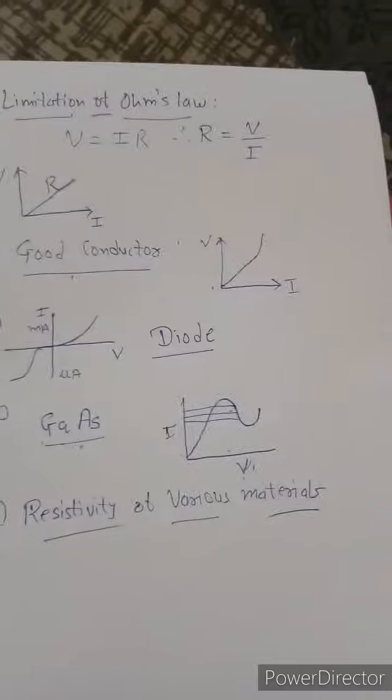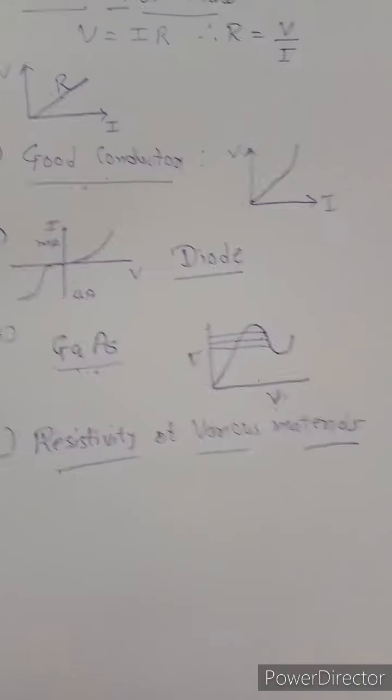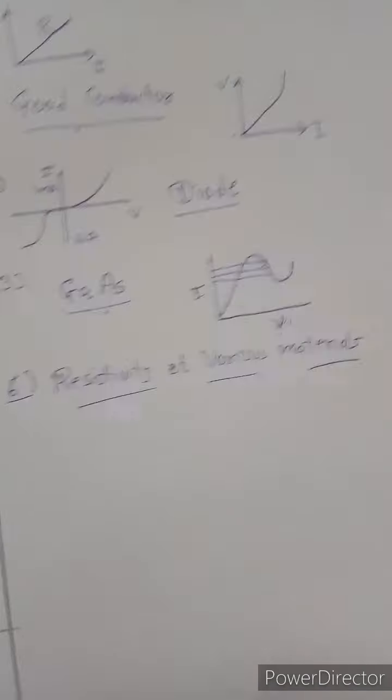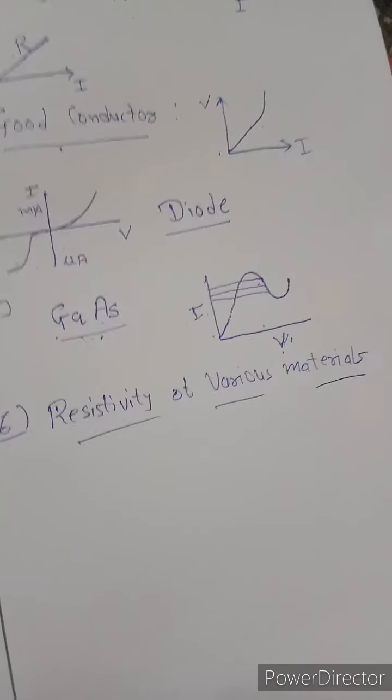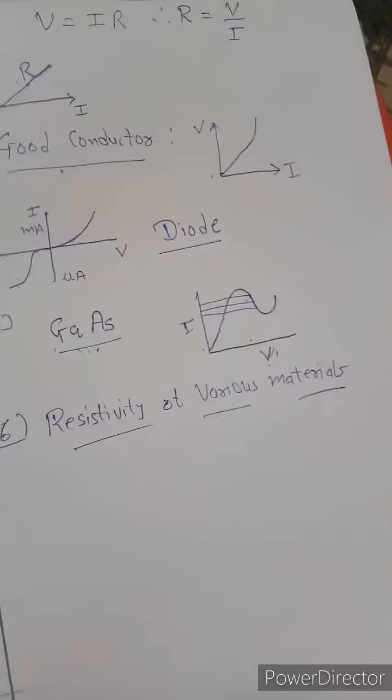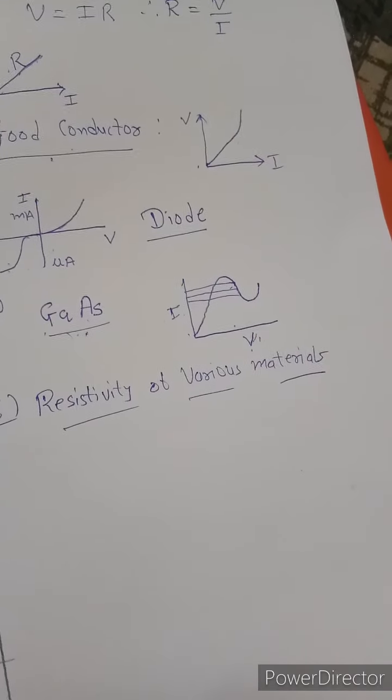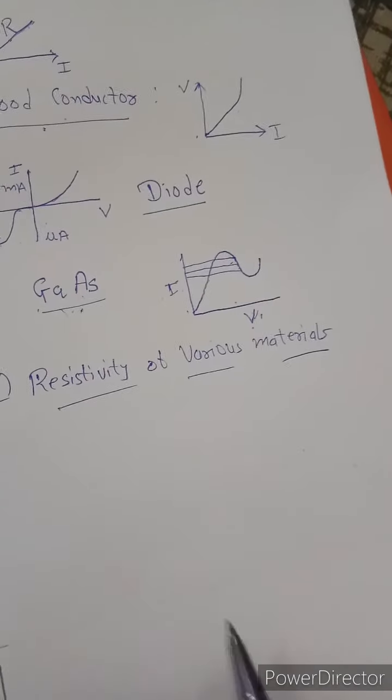Our next topic is resistivity of various materials. As we have learned in the previous class, materials are classified as a conductor, semiconductor, and insulator depending on their resistivity.